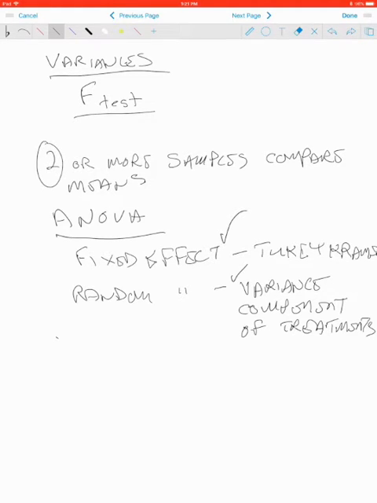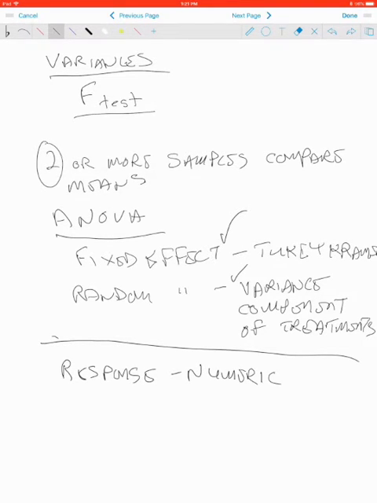And I guess I should just, as a reminder, for both t-tests and for ANOVAs, we really have two variables. One of the variables is the response variable, and the response variable is going to be numeric. Right, if I'm measuring the growth rate of saplings, it's a numeric variable, it's the response variable.